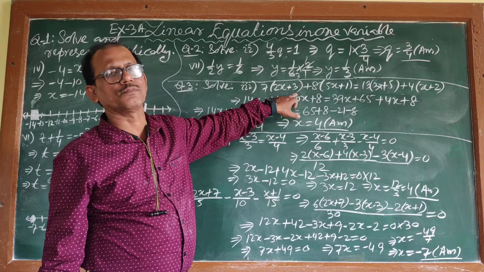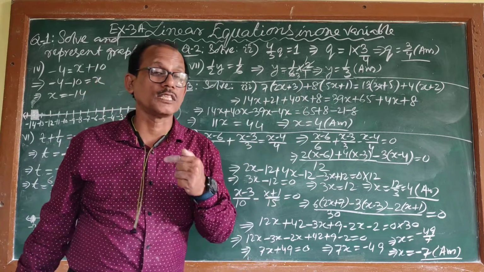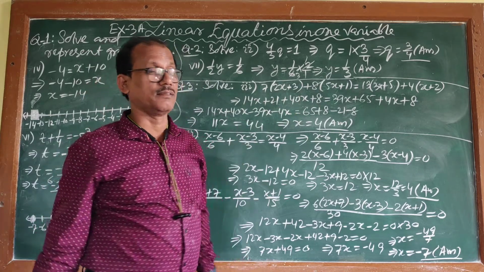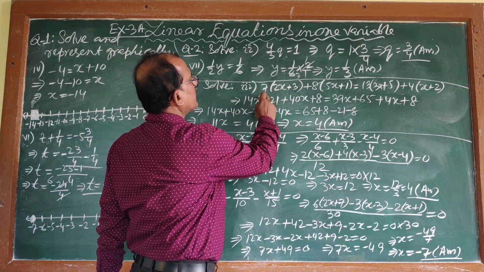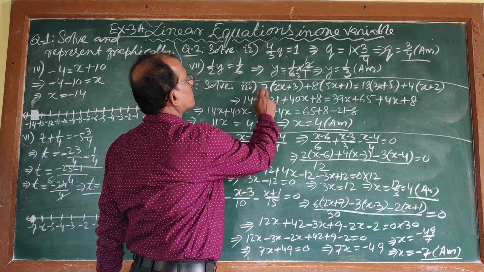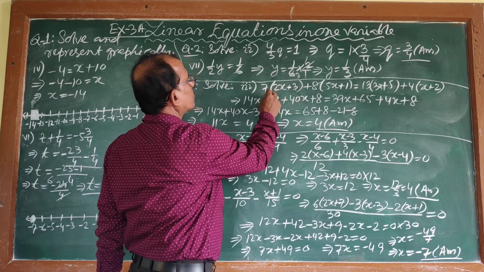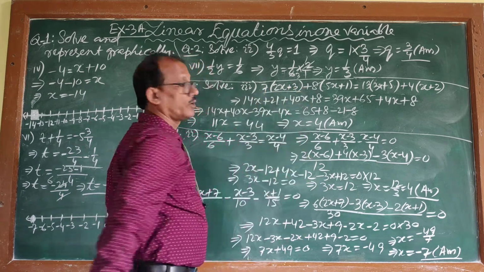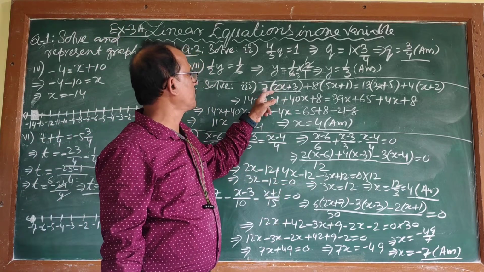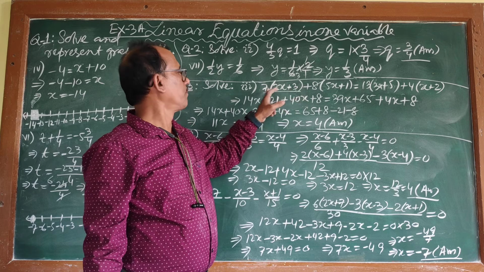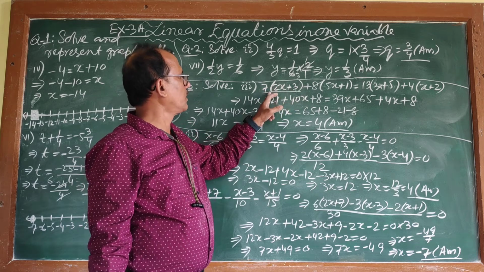This equation, if it comes, then you have to keep patience and especially concentrate on the signs. So what you need to do is remove the bracket: 7 2s are 14x, plus 7 3s are 21. So 14x plus 21. Don't make the mistake that slow learners make, multiplying only the first term and not multiplying with 3. So 14x plus 21.